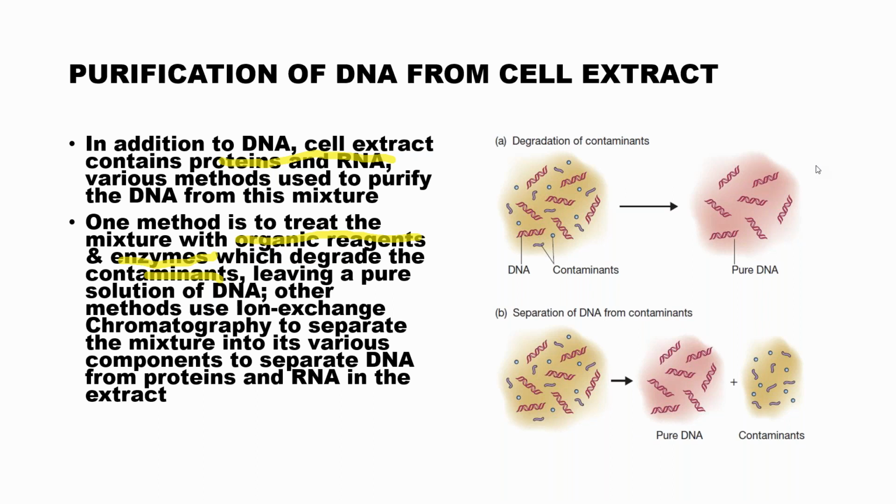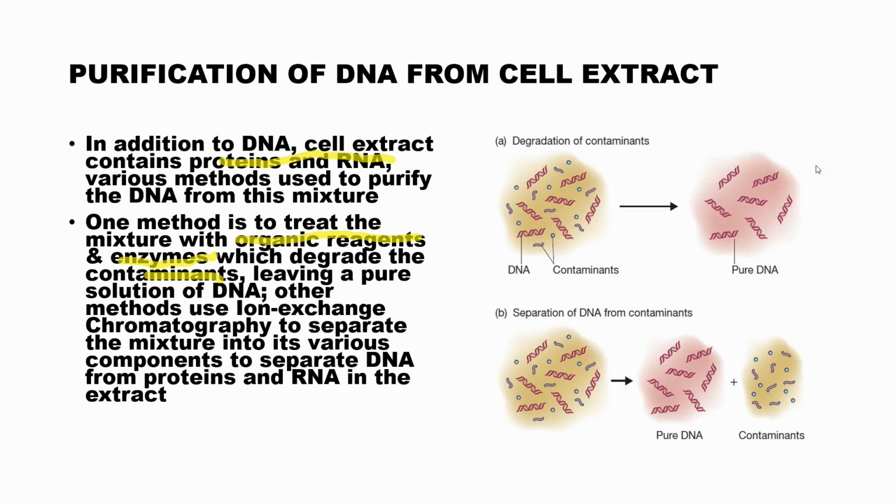Fine, that is the first thing. We have to be specific. The reagent which we add must only act on RNA or proteins. For example, we add some enzymes which act only on RNA, like RNase enzymes. We add some enzymes which act only on proteins, such as proteinase enzymes. I will explain one by one in the next slides.